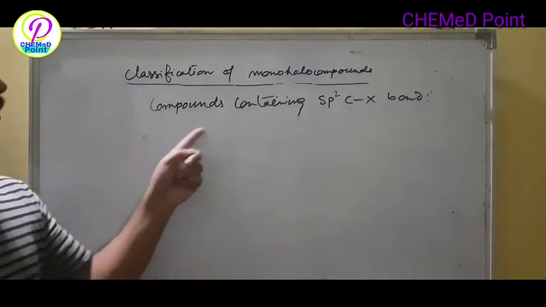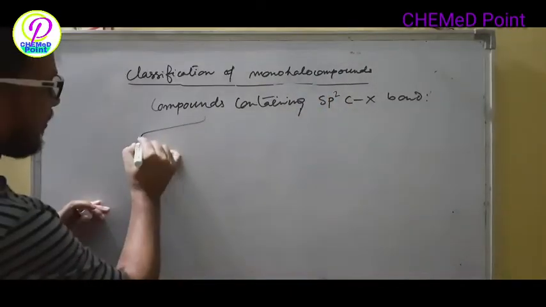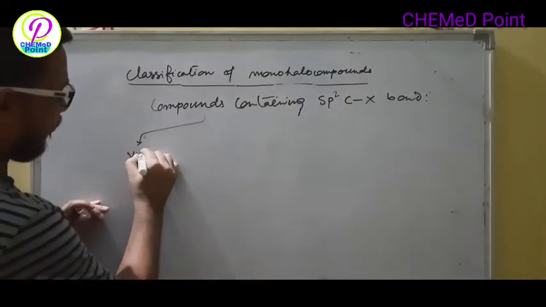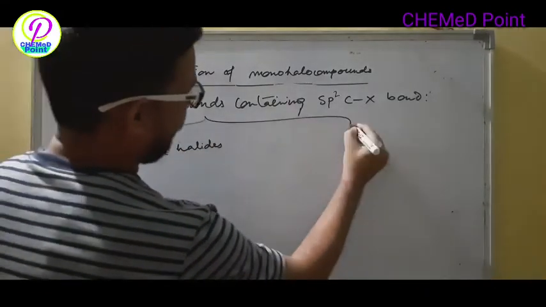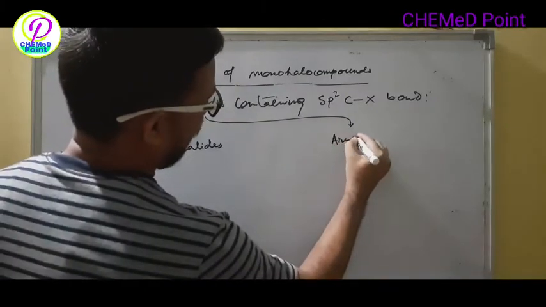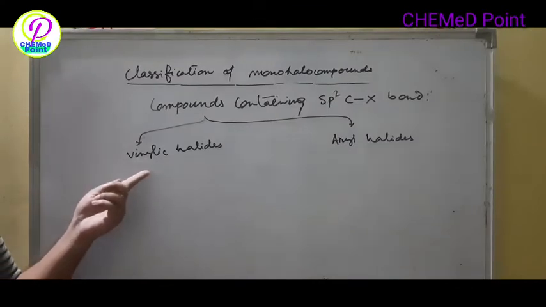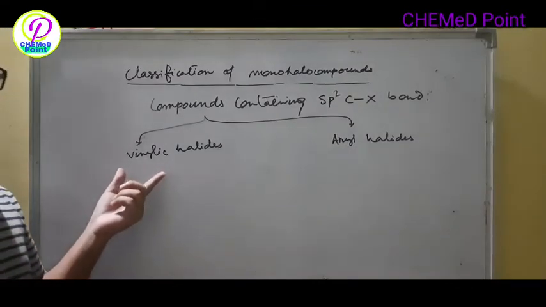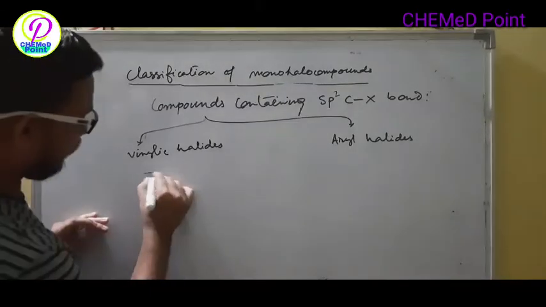Now compounds containing an sp2 hybridized carbon-halogen bond. First class is vinylic halides and the second class is aryl halides. In vinylic halides the halogen atom is attached to a vinylic carbon. Let us take an example.